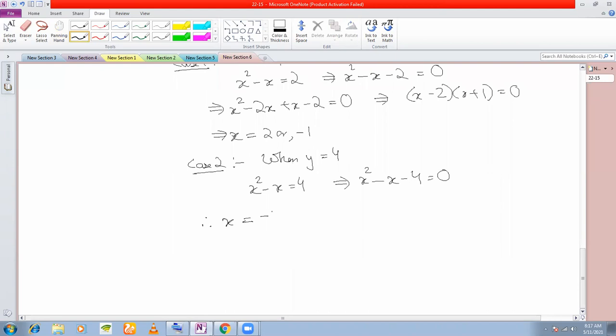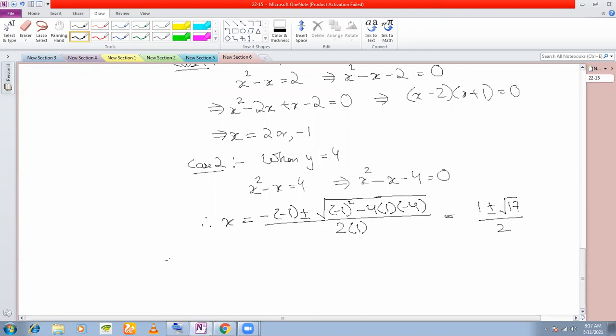Therefore, x will be minus of minus 1 plus or minus root over minus 1 square minus 4 into 1 into minus 4, divided by 2 into 1. You simplify this, you'll get 1 plus or minus root 17 divided by 2.